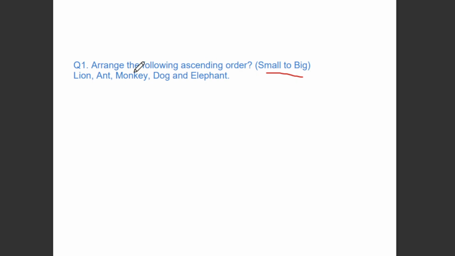So first one, small, ant. So we can write ant. Next we have lion, monkey, dog, elephant. So monkey. Next comes dog and elephant.